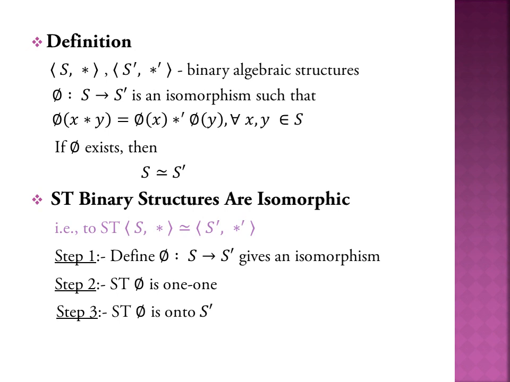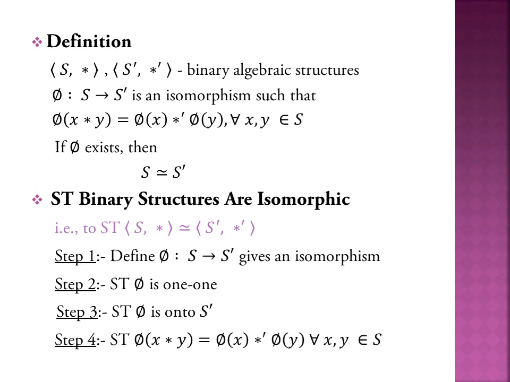Step 3: show that phi is onto S'. That is, suppose that y' belongs to S' is given and show that there exists y belongs to S such that phi of y equals y'.